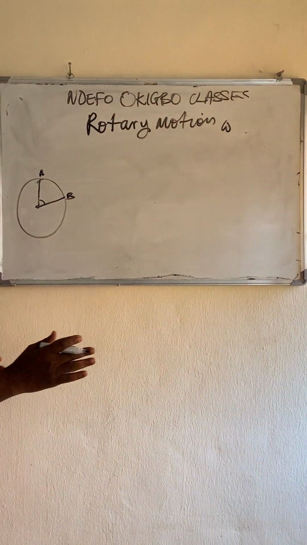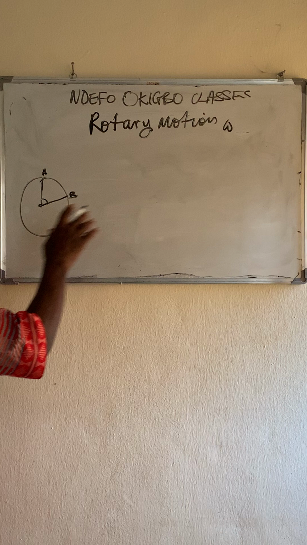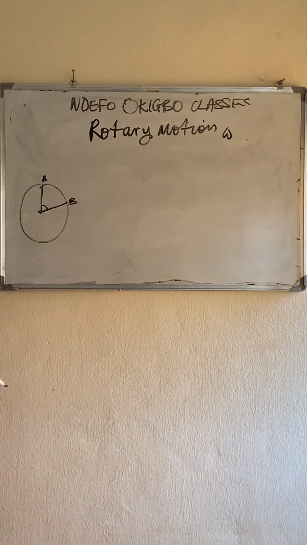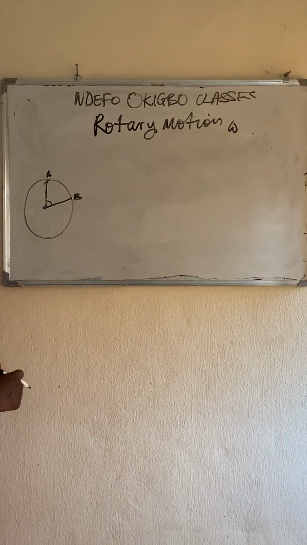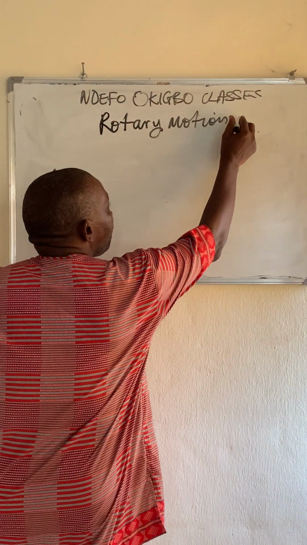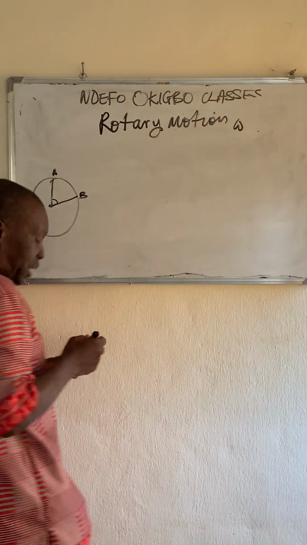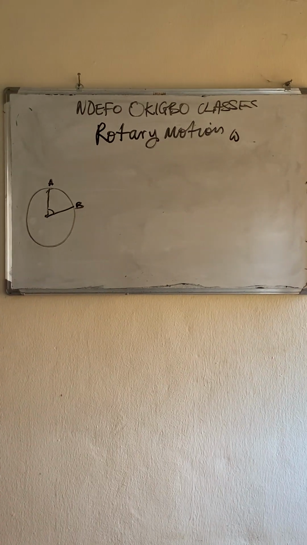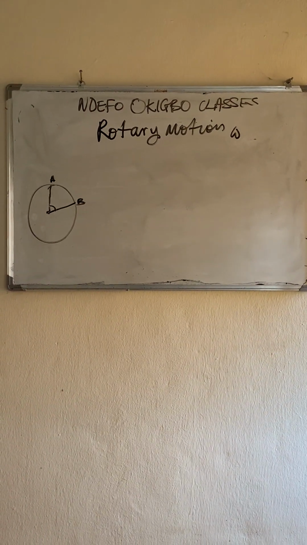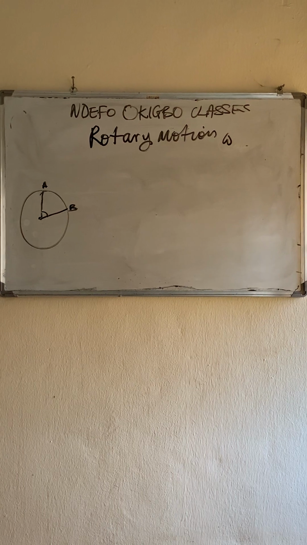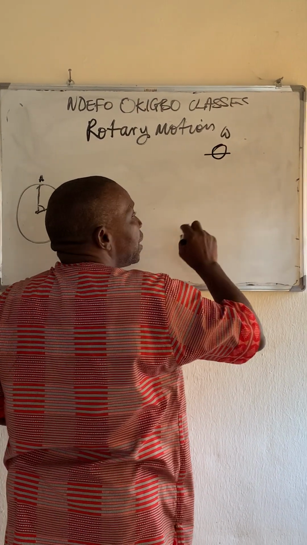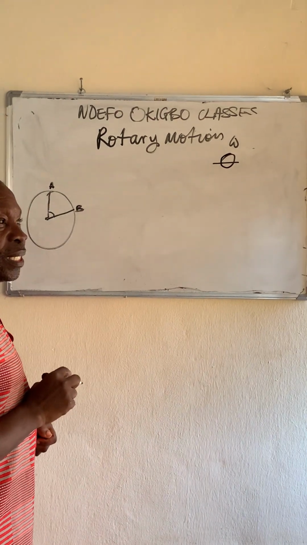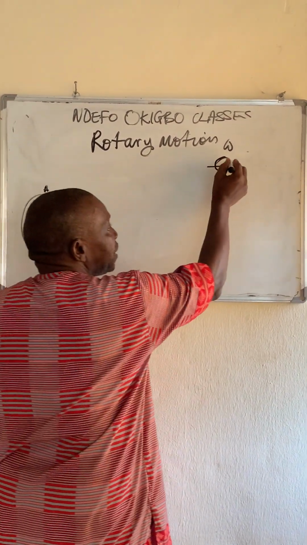So we measure in radian this time around, so in angles. That's why we call the velocity angular velocity. And the distance, or the displacement, the distance traveled, which we represent with this symbol, is in degrees, in radian.